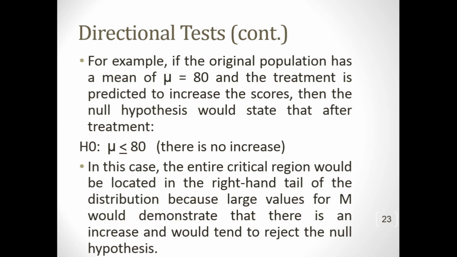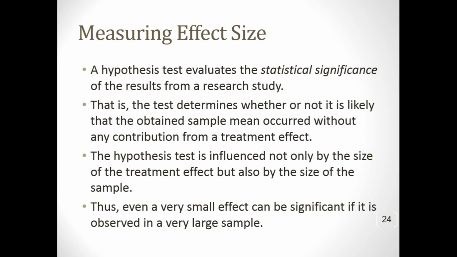That is, the test determines whether or not it is likely that the obtained sample mean occurred without any contribution from the treatment effect. The hypothesis test is influenced not only by the size of the treatment effect, but also by the size of the sample. Thus, even a very small effect can be significant if it is observed in a very large sample.